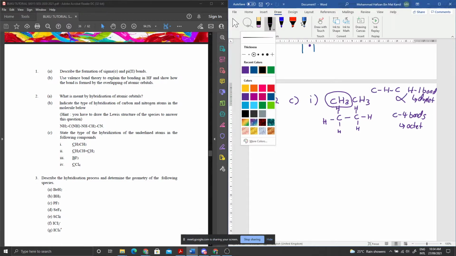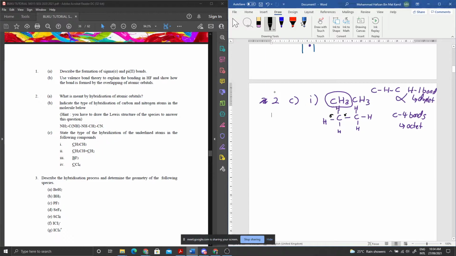So carbon ni have 1 sigma bond, 2, 3 and 4. It is the same with another carbon lah, dia ada 4. So kalau dia ada 4, sigma bond, dia punya hybridization which automatically terus jadi sp3.